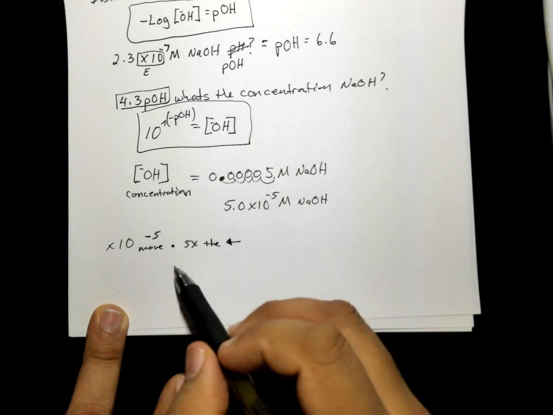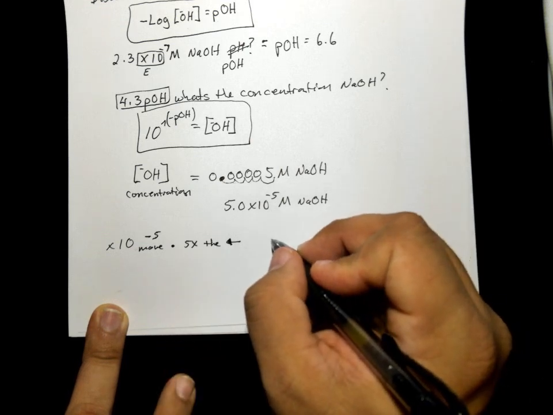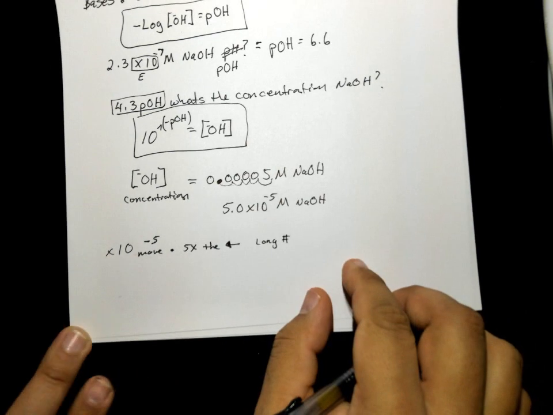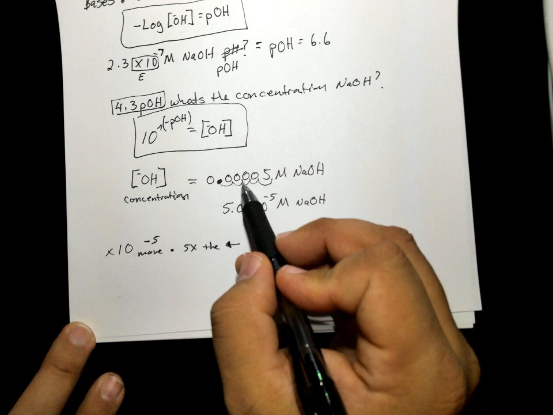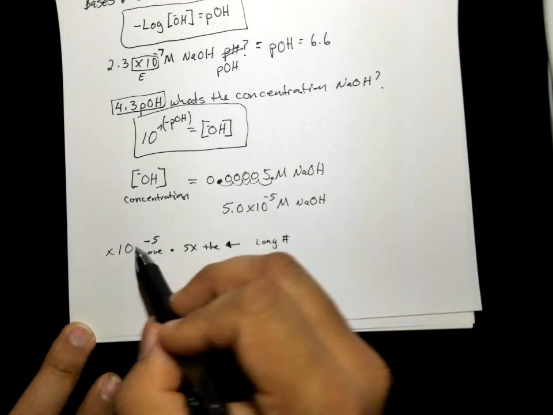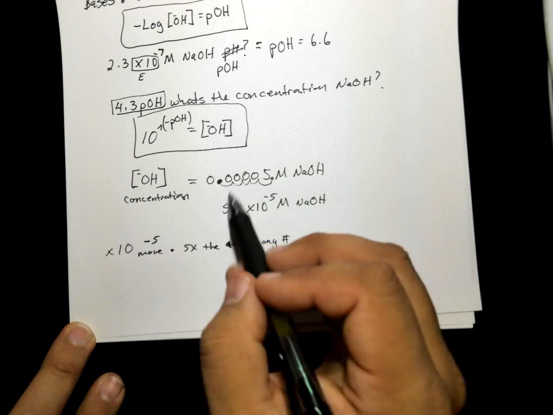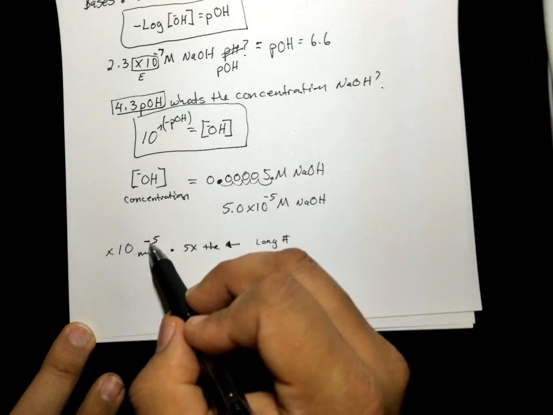You're going to move your decimal 5 times to the left, and that will give you the long number. Now, to put it into scientific notation, you'll just count 1, 2, 3, 4, 5 into the first real number and times 10. And if you start off with a small number, then you'll have a negative exponent.